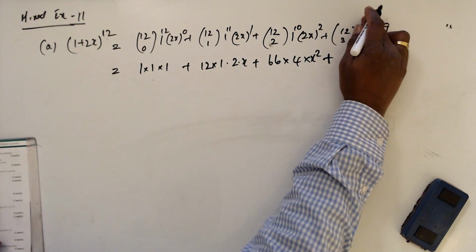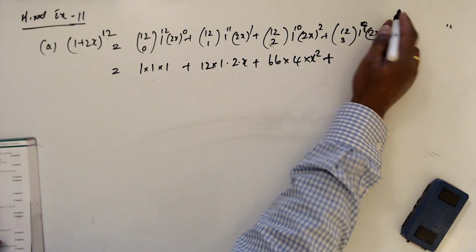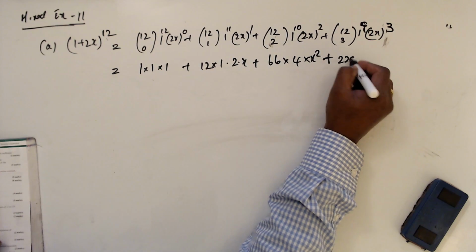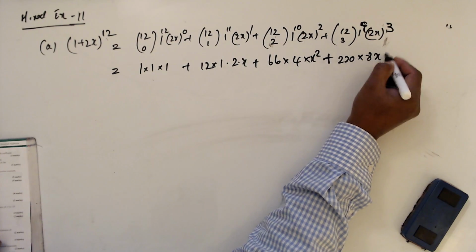This is not 9, this is 3. So this is going to be 220 times 8x cubed.